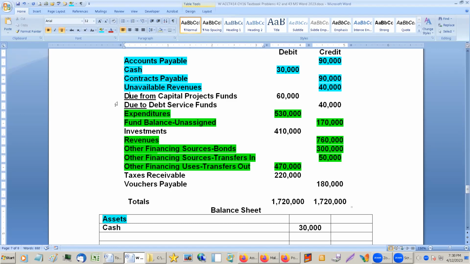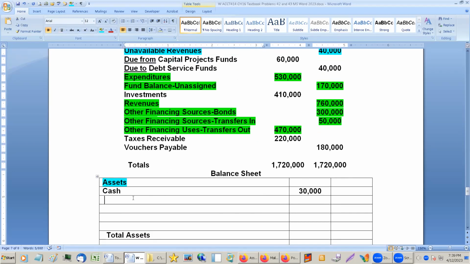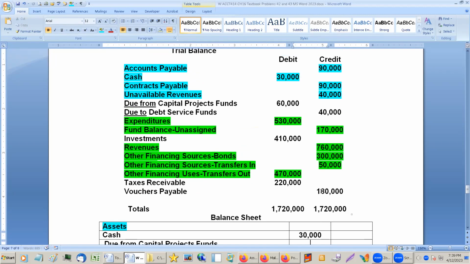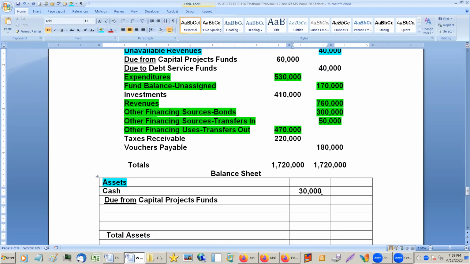Is it gonna be a liability or an asset? Would that be an asset? Yep, very good. Yeah, it's kind of like a receivable. $60,000.